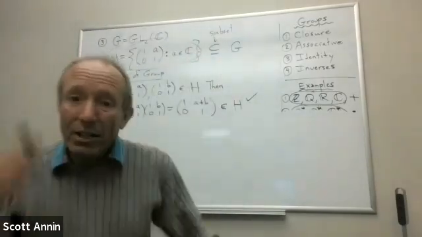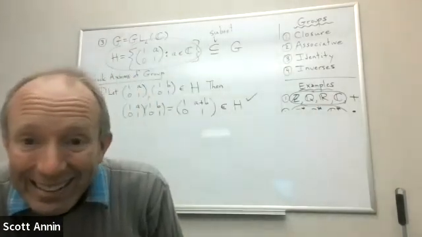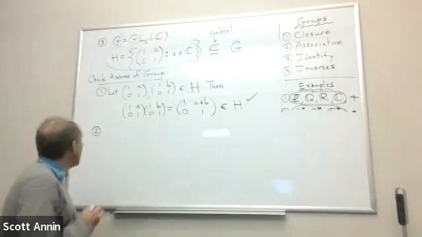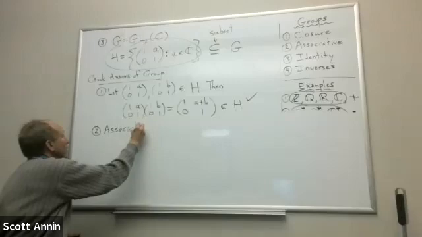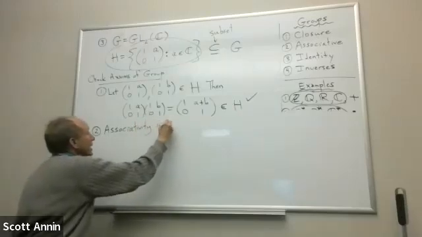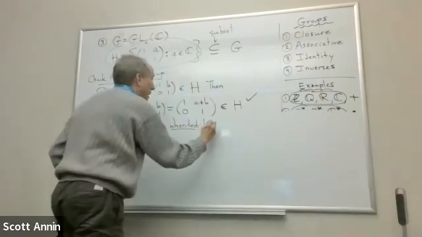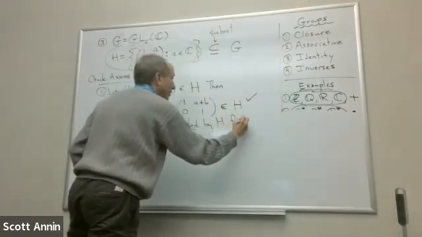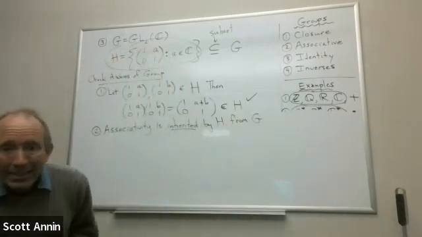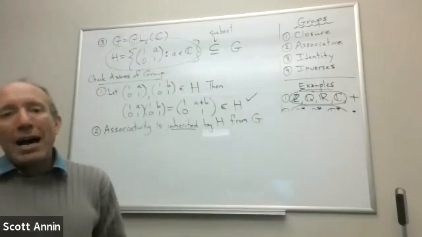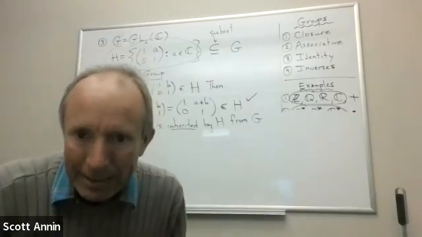It was already associative under multiplication in the big universe G. So what I'm going to claim here is that associativity is inherited by H from G. You don't have to stop and actually check that again.